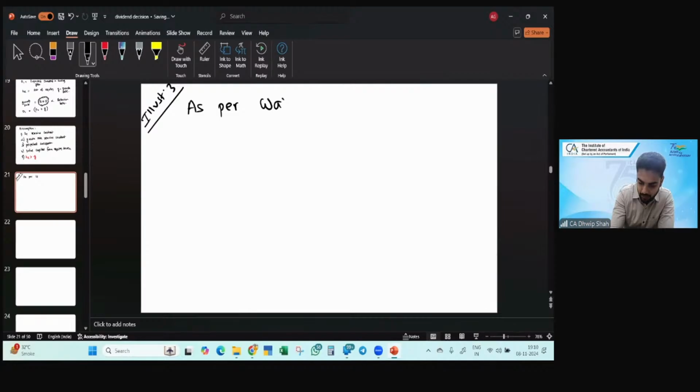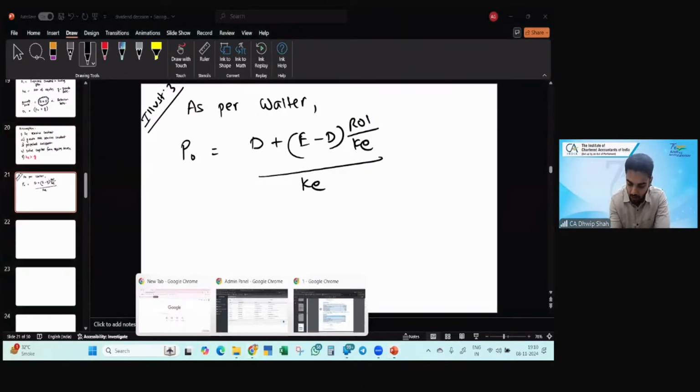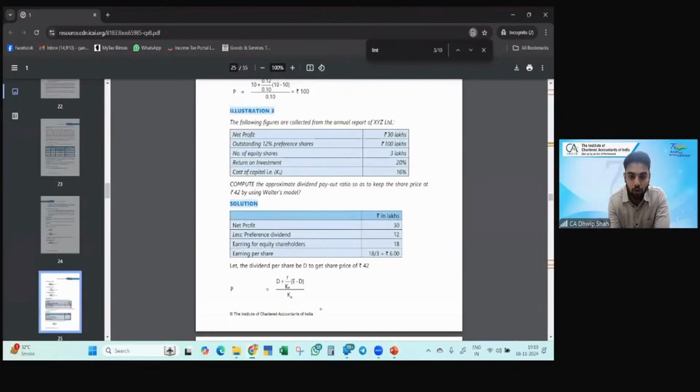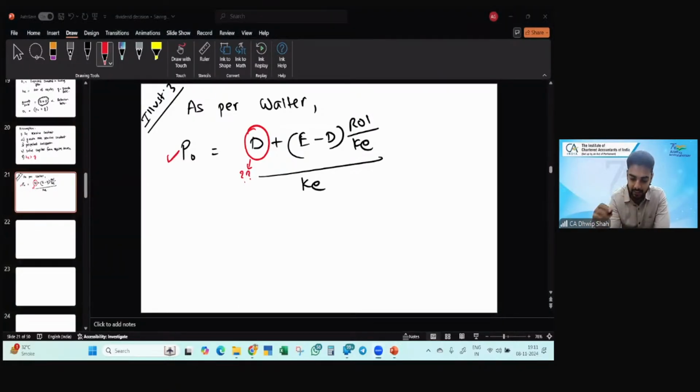As per Walter, the formula of the price today is D plus (E minus D) multiplied by ROI over KE, the whole divided by K. Now read the question again. They have asked to compute the approximate dividend payout ratio. In other words, they have asked here to compute D, whereas they have given the price to be kept at 42.